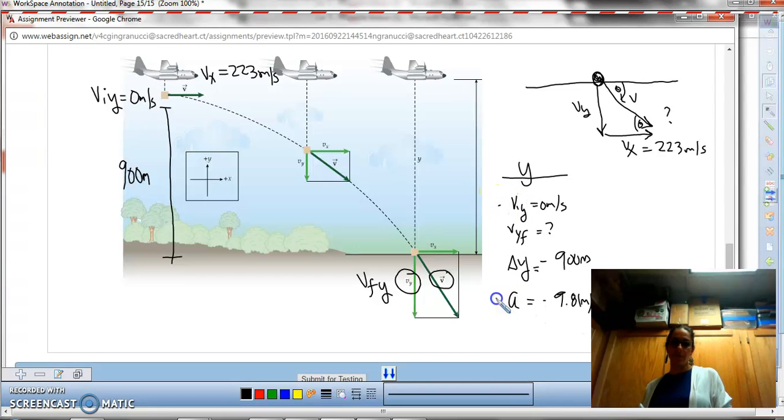But remember, these are implied, these two right here. So I can find the final velocity by using this kinematic equation. The good news is this goes to 0 because that's just the initial. So Vy final simplifies as the square root of 2a delta y.